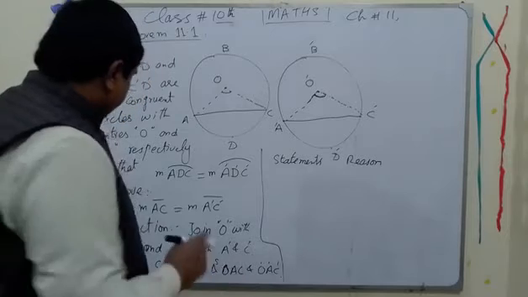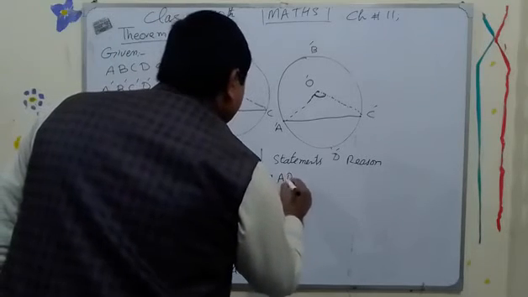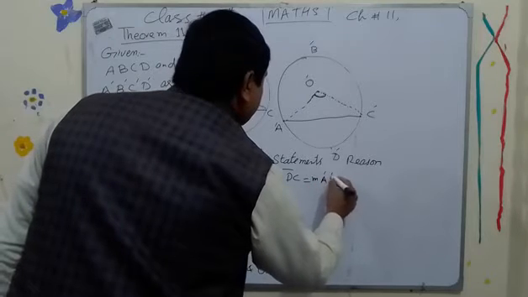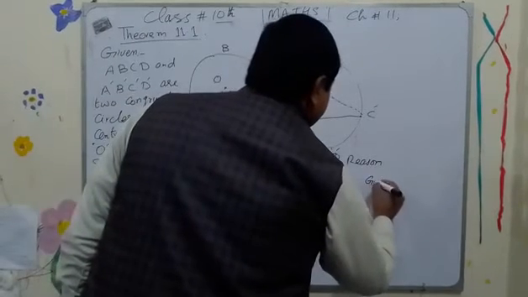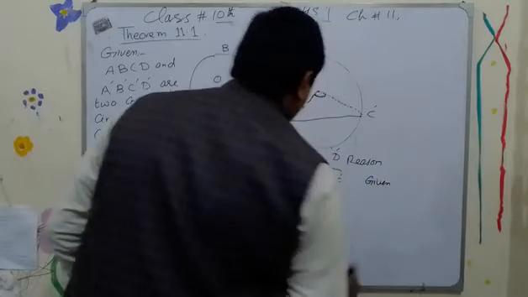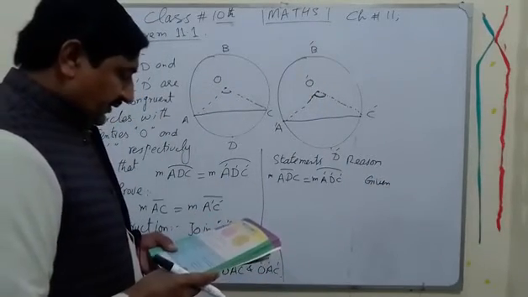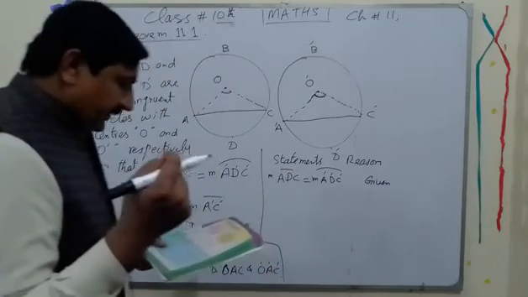What is the first statement? Well, that is given. Measure arc ADC is equal to measure arc A prime D prime C prime. These are two arcs, and the reason is this: it is given. We have two arcs that are congruent.